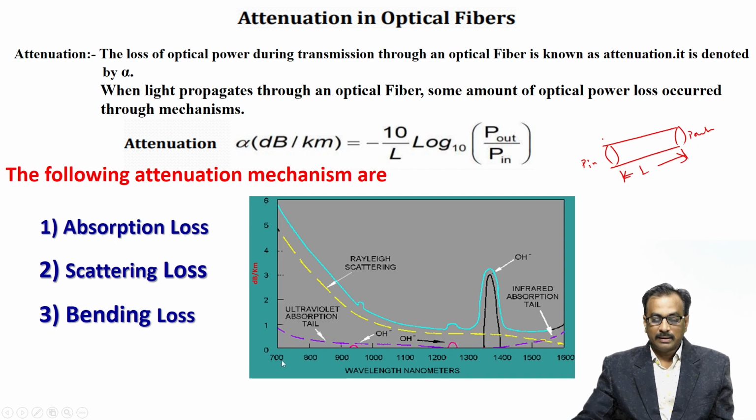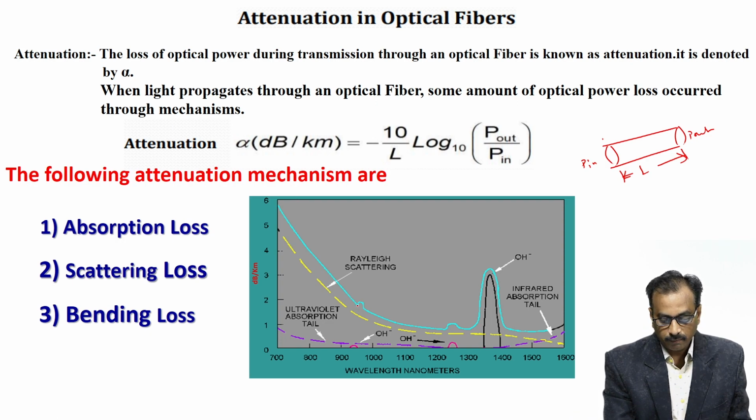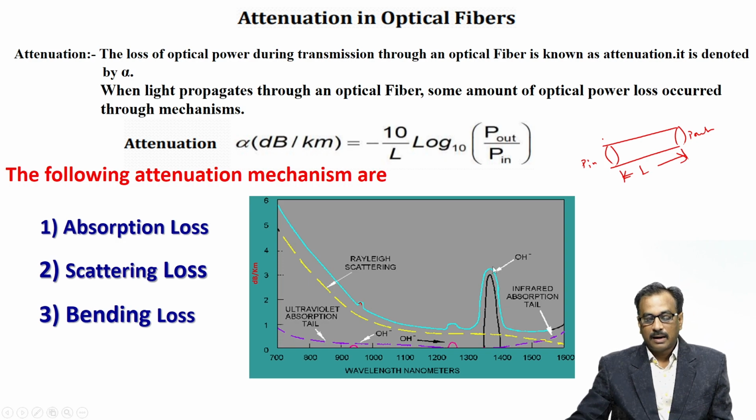When the wavelength of light launched into the optical fiber increases, the absorption loss decreases, and finally reaches a very low value. At 980 nanometers, it increases again and then decreases drastically. At 1250 it increases again. And if OH ions are present in the optical fiber, the OH ions absorb more light at 1380 nanometers. This is called absorption loss.